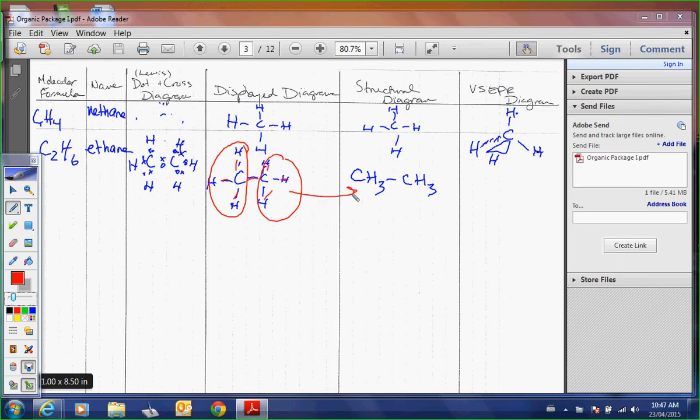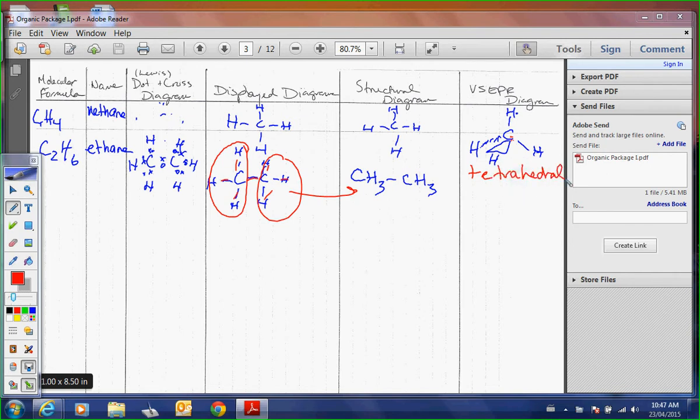Okay? Right, the next one would be C. Oh, and the Vesper diagram, by the way. What was this called? What's that shape called? Pardon? No, this shape on the Vesper diagram. Do you remember what fancy name we give it? Well done.